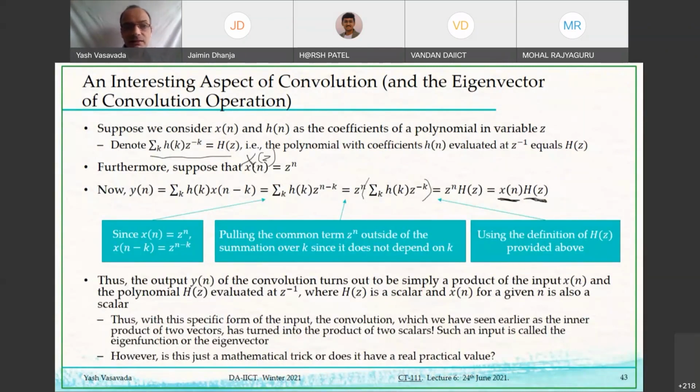Why is it a scalar? Because that is how I have defined it. I'm doing this summation, and when I have a bunch of values, I sum them up and finally get just one number, one scalar. It may be complex valued in some cases, but still it's going to be just one number. It's not going to be a sequence. And so each value of x of n got multiplied by this h of z.